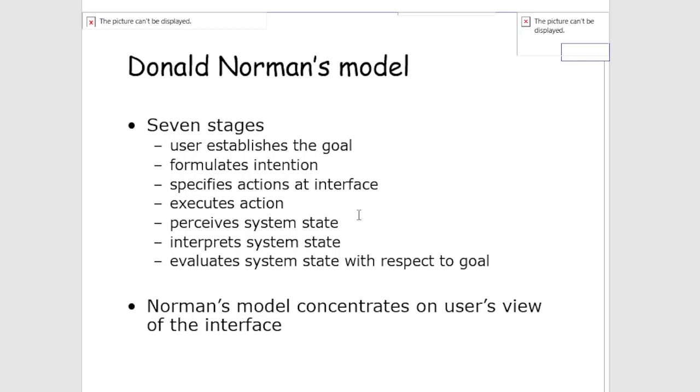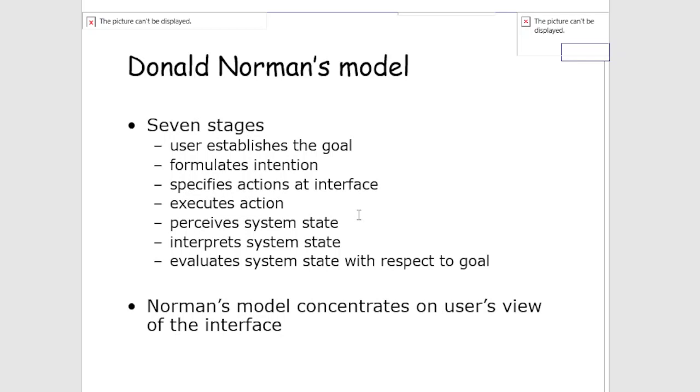What actions should be done in the interface? After that, we are going to execute these actions. After the execution, we are going to perceive the system state, see how the system is going to act. After perceiving the system state, we are going to interpret how the system behaved, and at the end, we are going to evaluate the system state with respect to the goal.